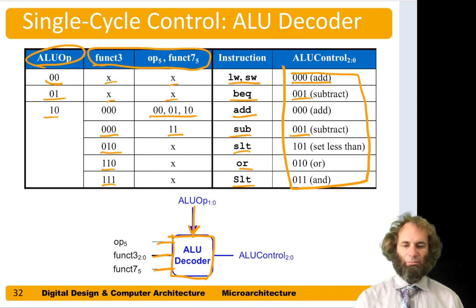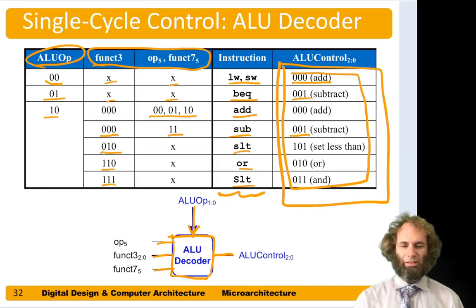And based on those inputs, it computes ALU control, which are these outputs. This column doesn't actually mean any hardware, it's just here to help us understand what instruction we're looking at. And you can use any technique you like for designing combinational logic based on some inputs to design this thing.